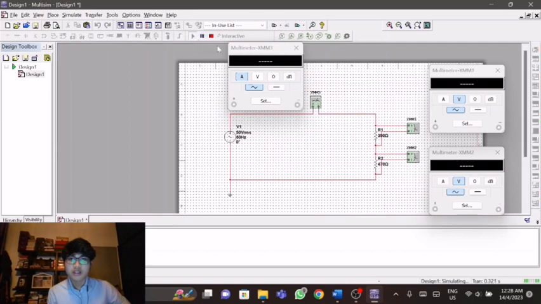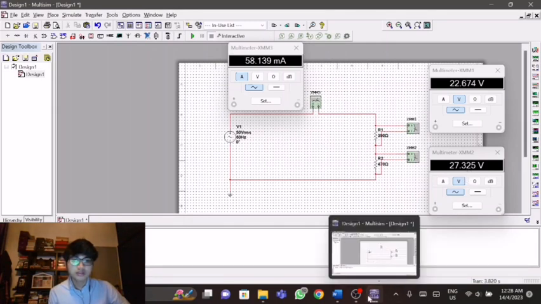Then we run it again. So now this is the new value. We have 58.139 milliampere. The voltage at R1 is 22.674 volt, and the voltage at R2 is 27.325 volt.